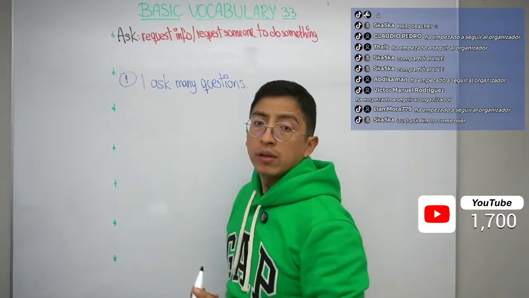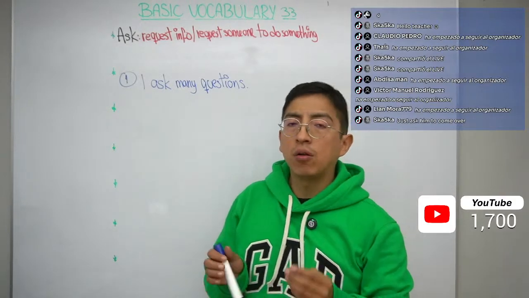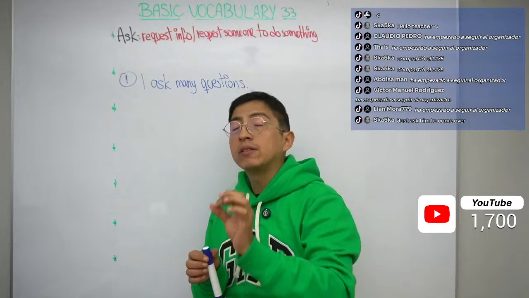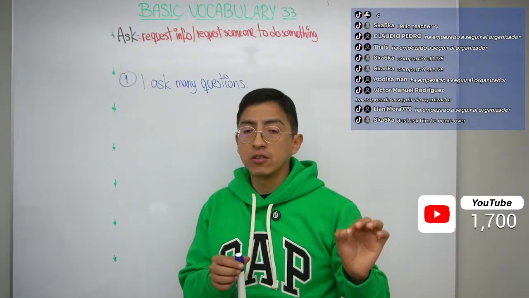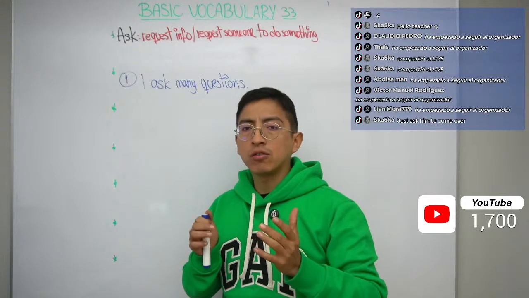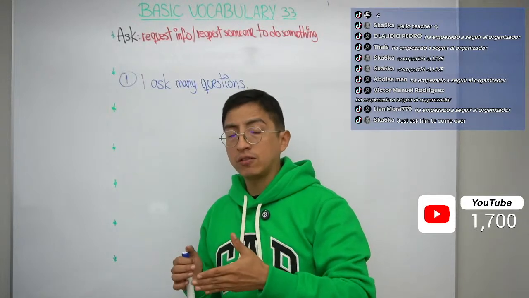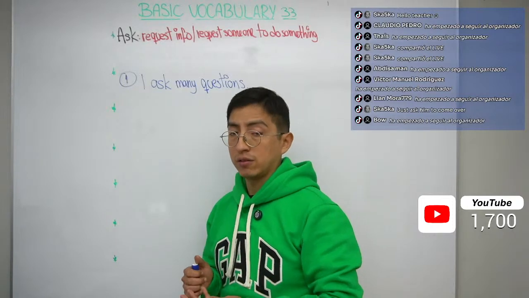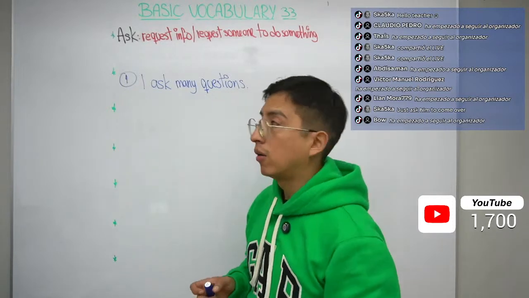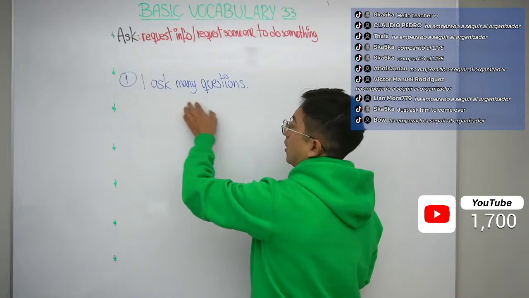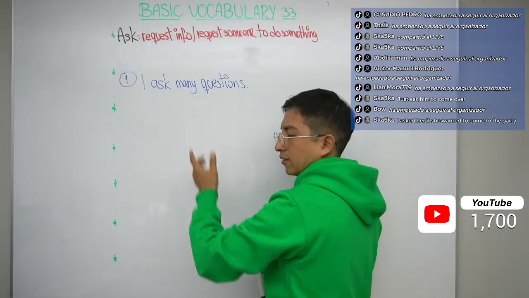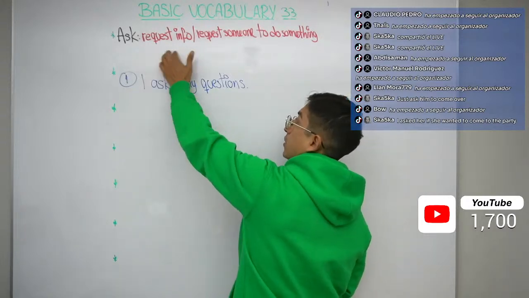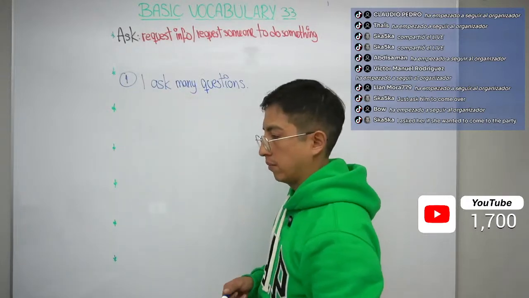Okay, so ask is always related to questions. I always ask a question. If you have any doubt or you don't understand something clearly, you can start asking questions. Yes, that's the idea. Now, to ask a question, or I ask many questions. Okay, why? Because we are requesting information.